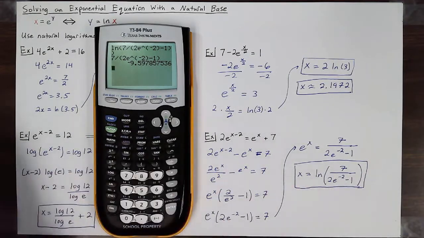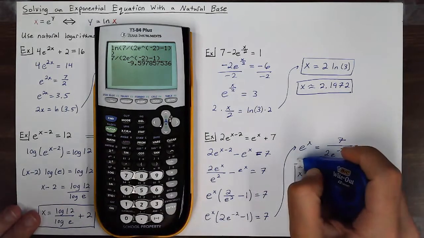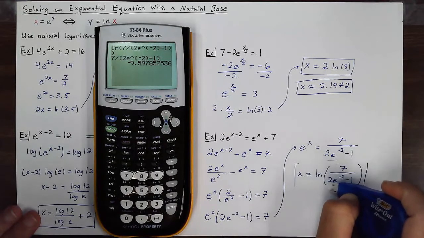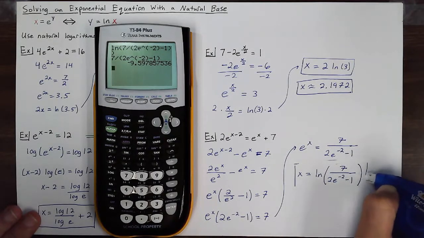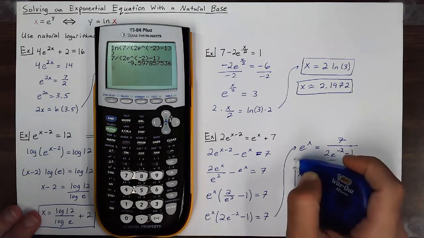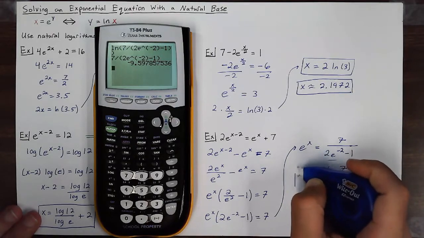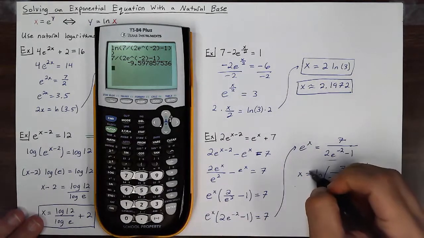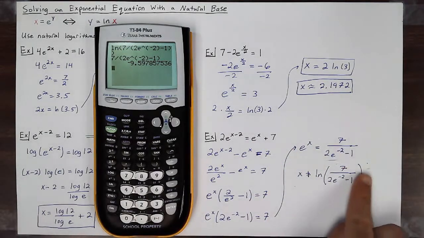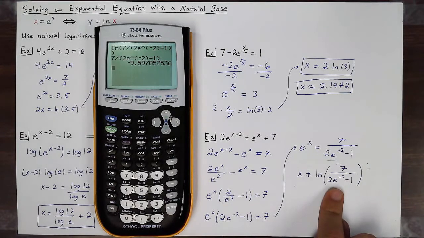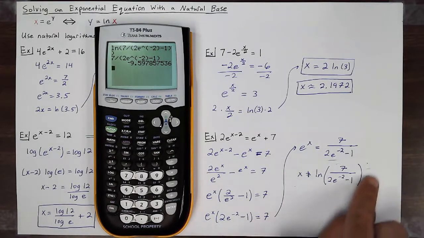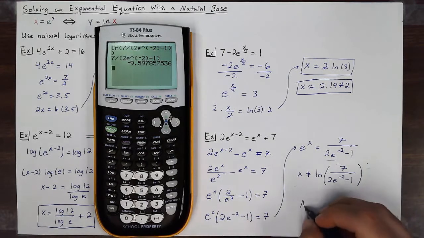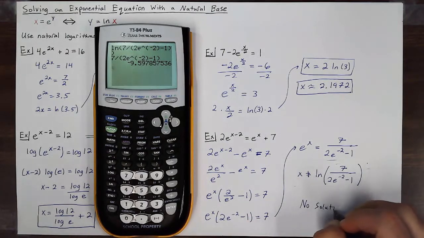So instead of saying that this is a solution, I'll unbox my answer and say that x does not equal that solution, because you can't have a negative within a natural log. That just can't happen, so we didn't actually find a solution for this problem. So we say there is no solution.